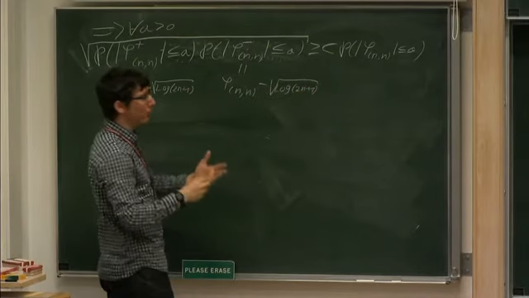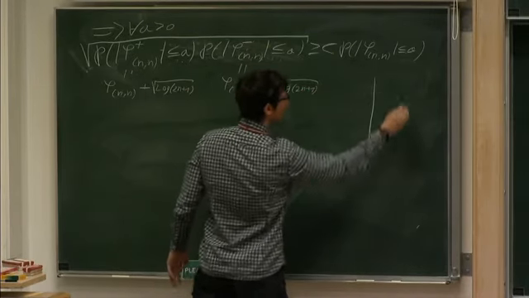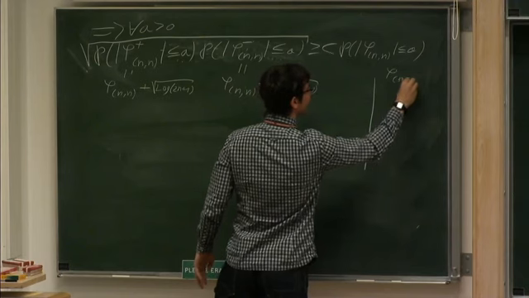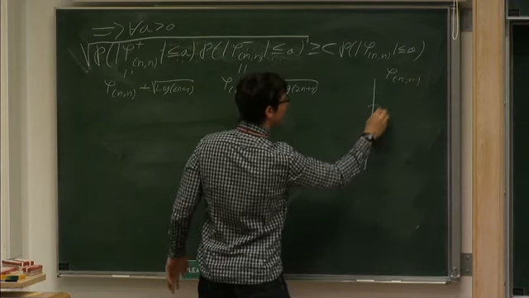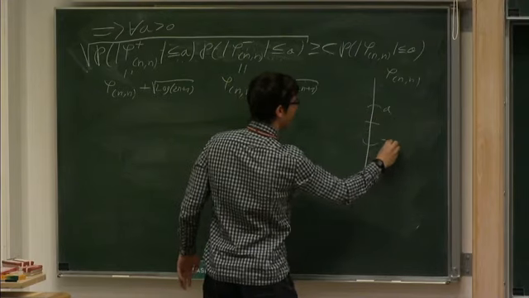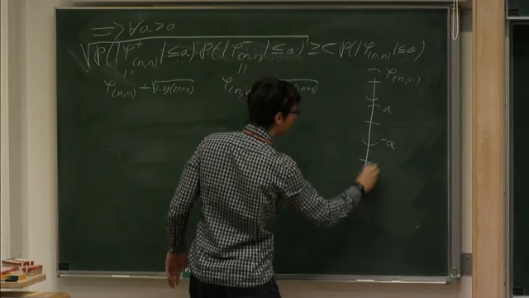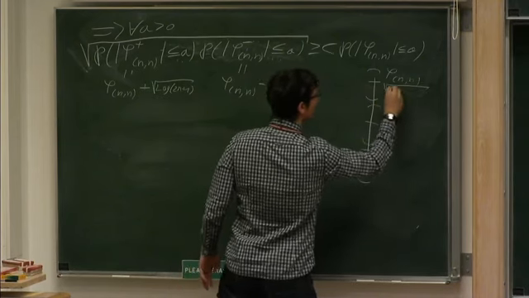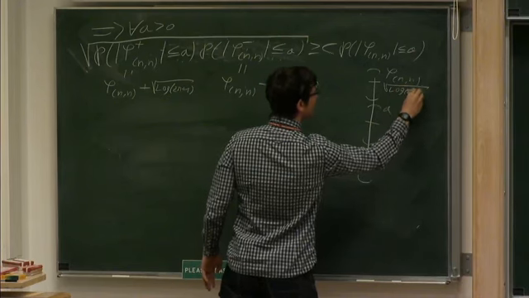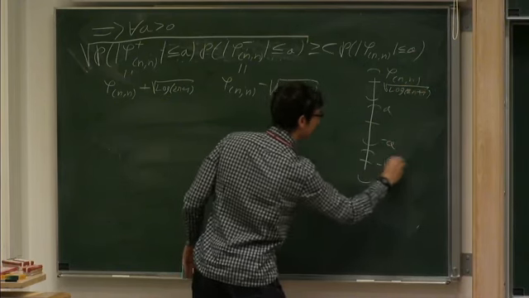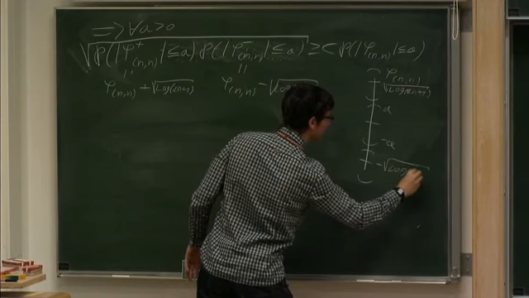So if I think of where my probability lies, I draw here where phi nn lies. I have the a neighborhood of 0, and I have the a neighborhood of two other values, square root log 2n plus 1 and minus square root log 2n plus 1.